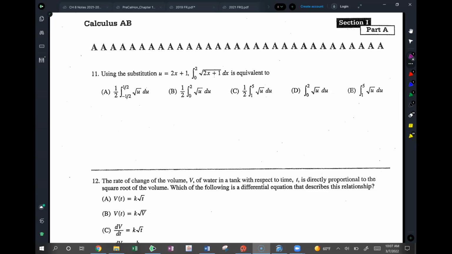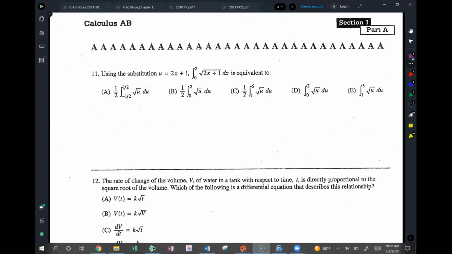Okay, so if u is this, what is this going to be equal to or equivalent to? So it's definitely going to be root u, right? Which, okay, they all have a root u, so that's no help. But then you need to change the bounds, right? So 0 will give you a 1, 2 will give you a 5.